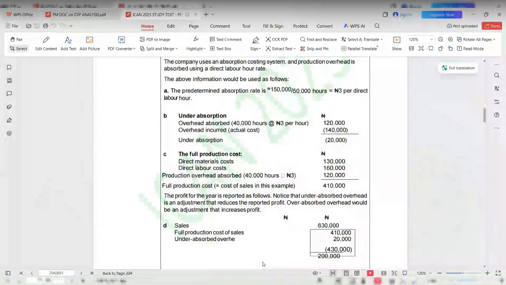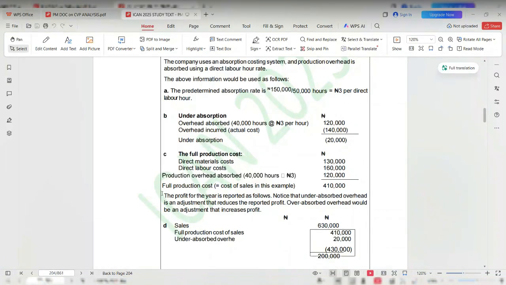Before, we said our profit would be like this if all things were equal, based on what we budgeted. But now the overhead has increased. The overhead is actually 140,000. That means our profit will have reduced.